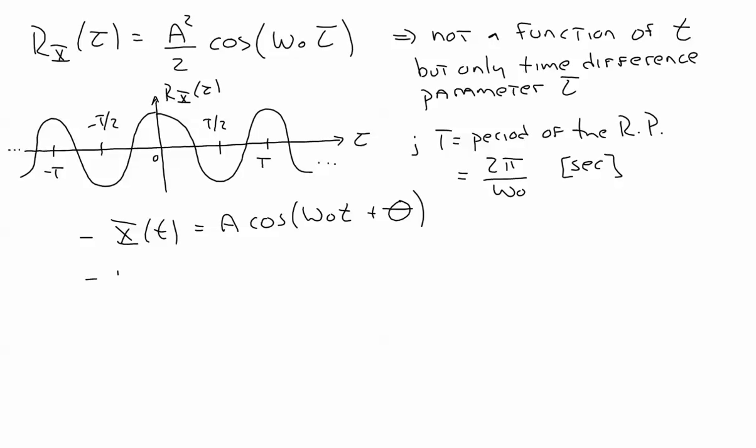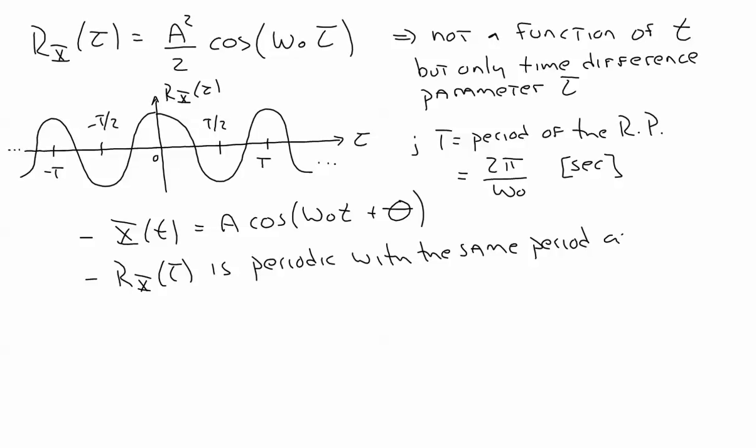My autocorrelation is periodic with the same period. All right, that's very important. If I have a periodic random process, my autocorrelation is also going to be periodic with the same period.